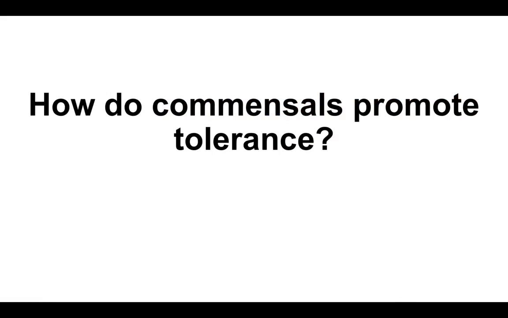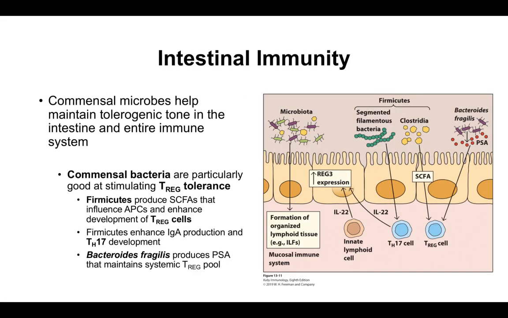How do commensals promote tolerance? The microbes that exist in the normal flora in the gut can help promote tolerance because they can activate the production of Reg3.